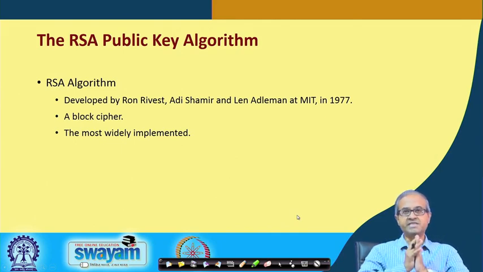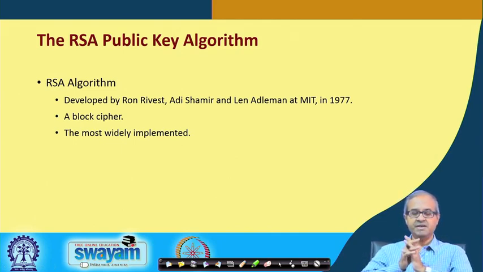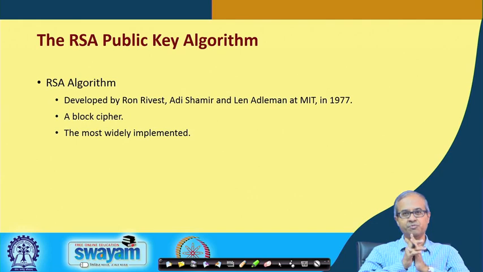Now, RSA is one of the public key algorithms which was proposed long back in the 1970s, but it has survived several decades. It is still considered to be good. In fact, the entire internet is driven by or based on the RSA algorithm as of today.